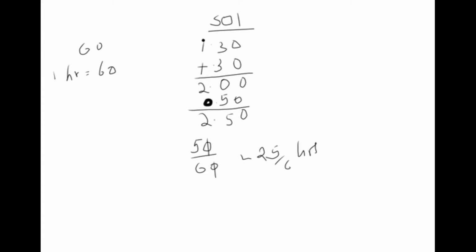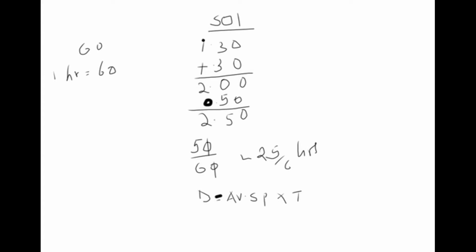We are told that the average speed is 18 kilometers per hour. And the time we are given is now 2 hours and 50 minutes, which is 2 and 5 over 6 hours. Therefore, for us to get the distance, it equals average speed times time.